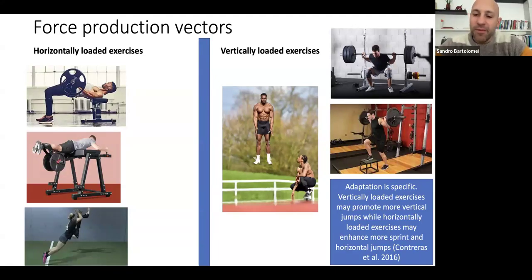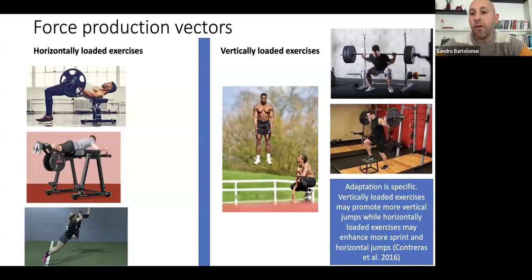Okay, so recently we did a study that is actually very interesting, because when you try to develop force and to obtain an adaptation in specific power exercises, the orientation of the exercise may also be important.